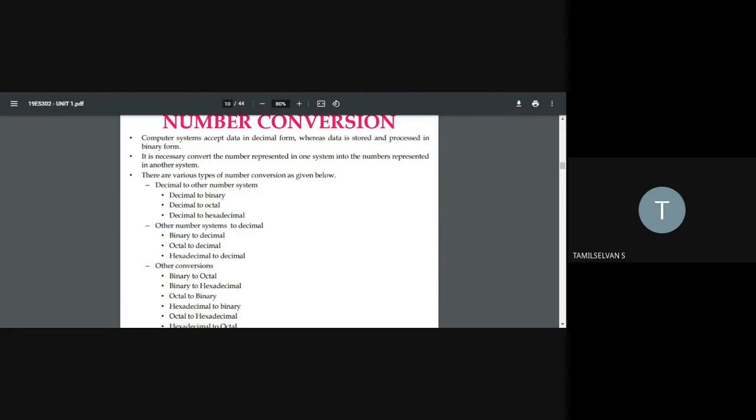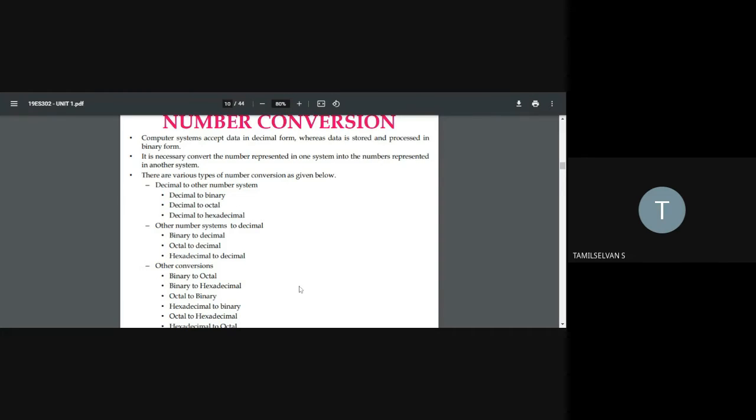That is decimal to binary, decimal to octal, and decimal to hexadecimal. Another form of number conversion is other number systems to the decimal number system. That is binary to decimal, octal to decimal, and hexadecimal to decimal. So these are the basic conversions between the numbers.